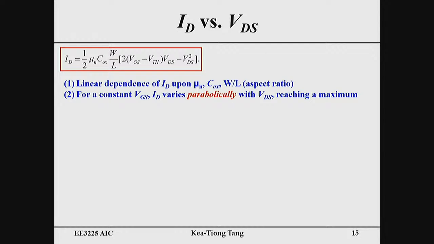Another thing is called C oxide. Remember what is C oxide? C oxide is the gate capacitance per unit area. C oxide is epsilon oxide divided by T oxide. Okay? Epsilon oxide is a constant.